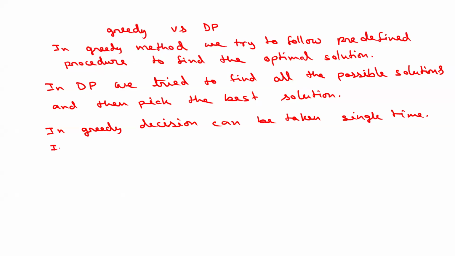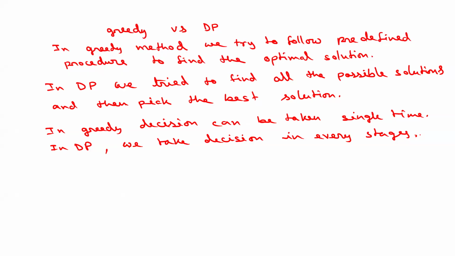Whereas in DP, we take decision in every stage. And another thing is greedy solves the problem by making the best local choice at each step. So it finds the local optimal solution.